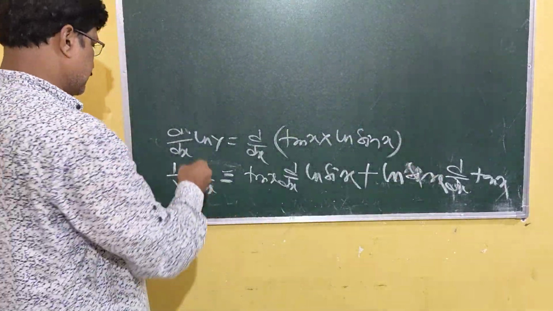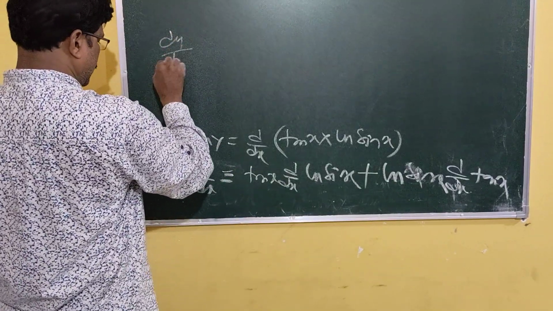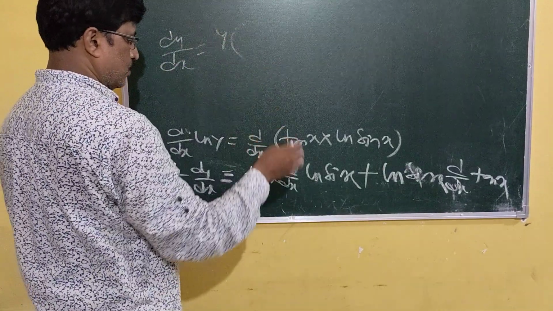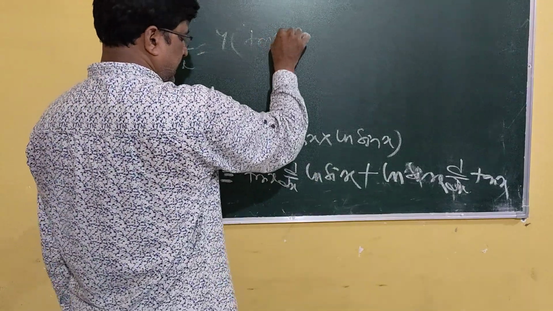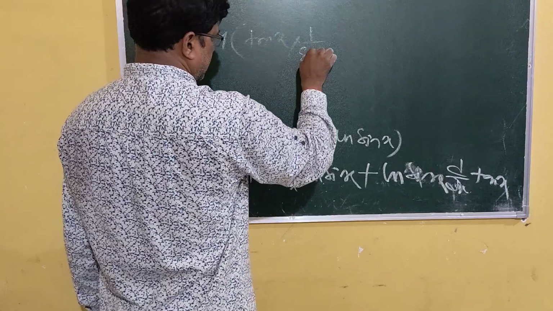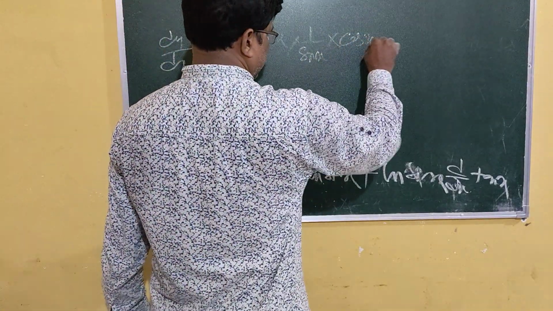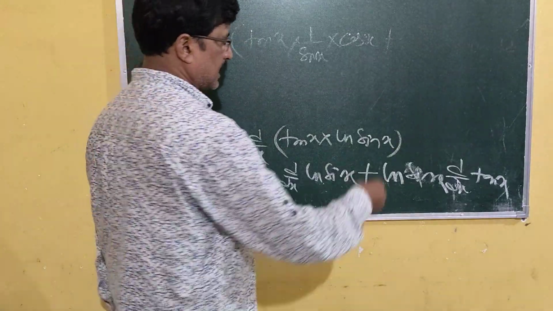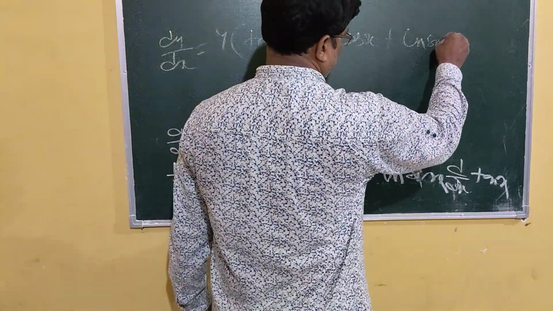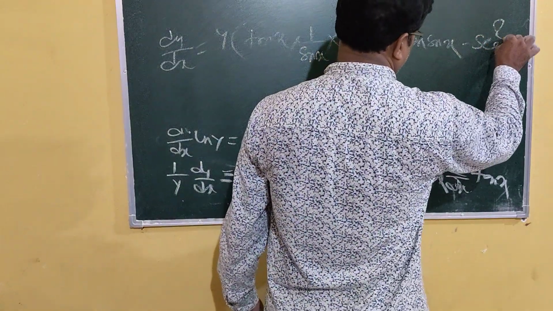Now multiplying by y, because we will find dy by dx is equal to y into 10x times the derivative of ln sin x, that is equal to 1 by sin x into the derivative of sin x, that is cos x, plus ln sin x into the derivative of 10x, that is equal to 10.